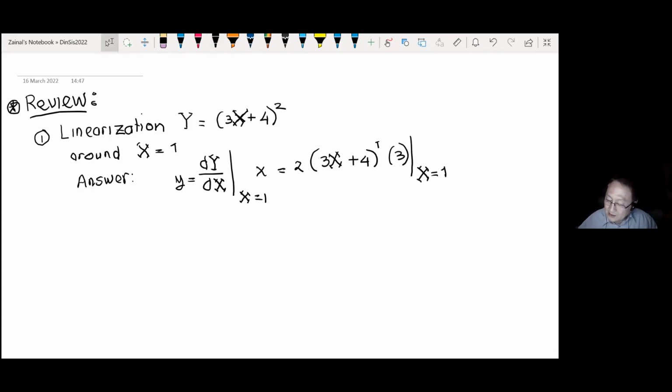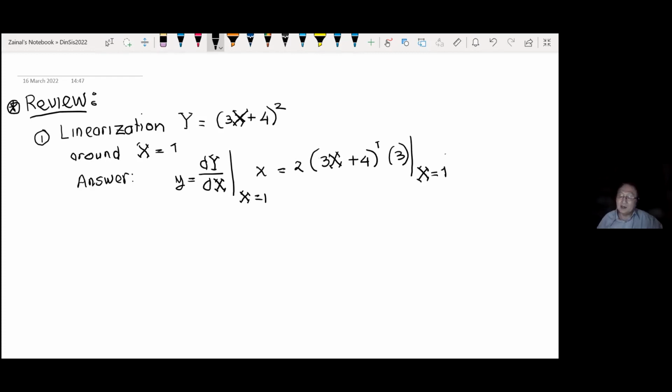So this one becomes 6 multiplied by (3x plus 4), and you evaluate at x equal to 1. If you substitute, then you have y equal to this one multiplied by x, small x.